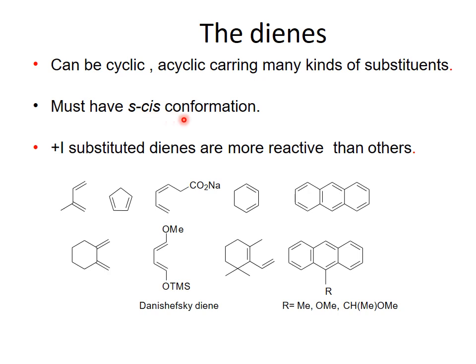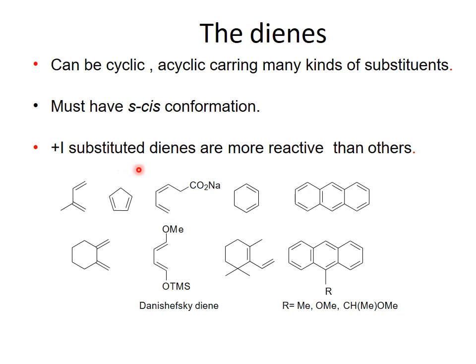See this one, this is a diene, this is cyclopentadiene, this is another diene. Anthracene, the central ring in which the 9 and 10 positions have two double bonds cis to each other, and then the 9 and 10 positions will form a bond with the dienophile. This is another diene, Danishefsky's diene, and these are two other diene systems.